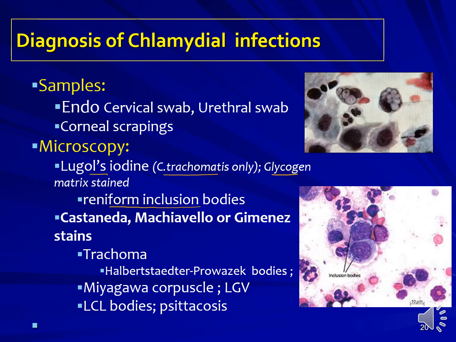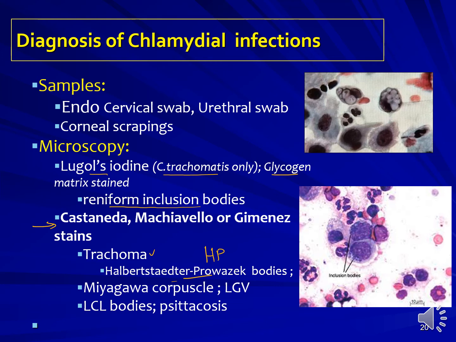By using special media and special stains like Castaneda's stain, Macchiavello's stain or Giemsa stain, we can also demonstrate the inclusion bodies from trachoma, lymphogranuloma venereum and psittacosis cases. In case of trachoma, the inclusion bodies are called Halberstaedter-Prowazek bodies, otherwise called HP bodies.